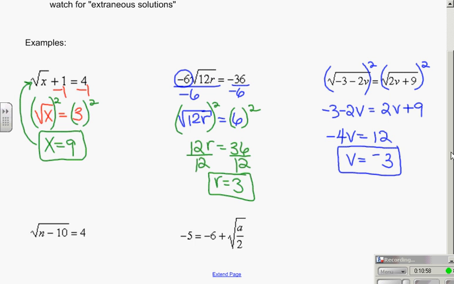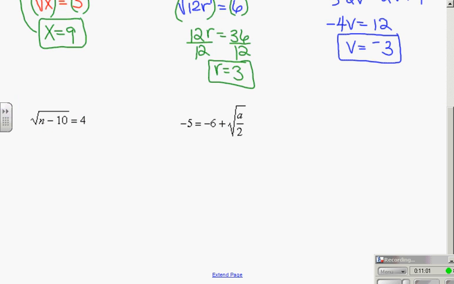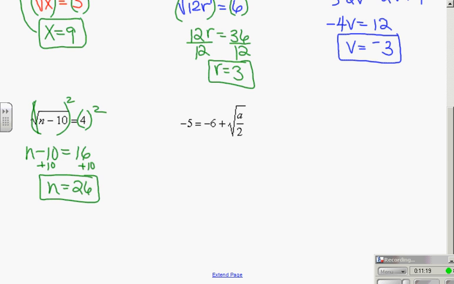And v ends up being -3. In the second to last one, again, square both sides first, and -10 is equal to 16. Add 10 to both sides, and it is 26.